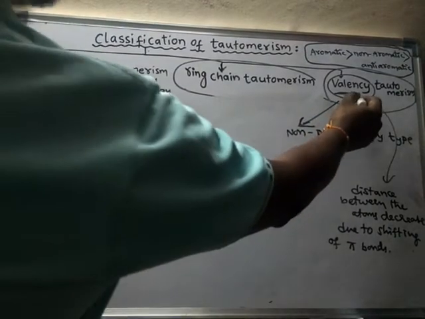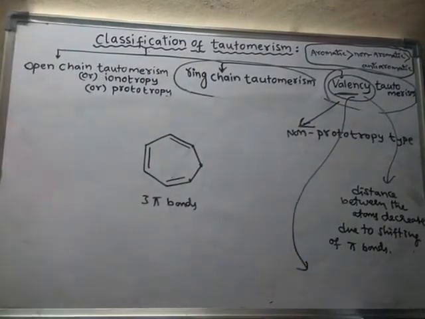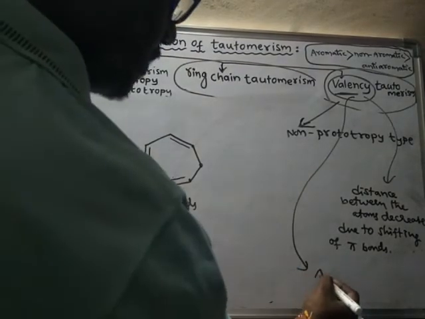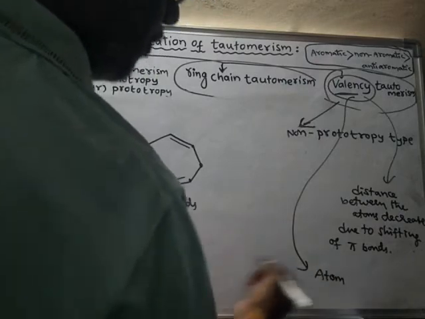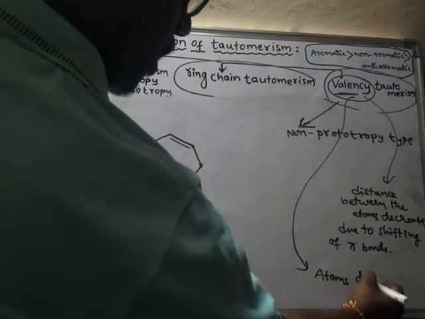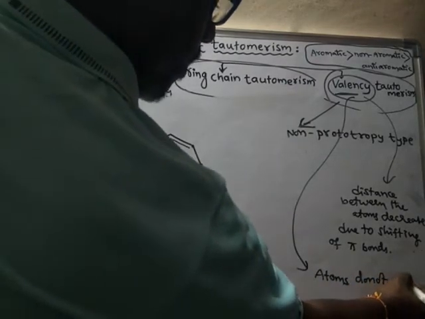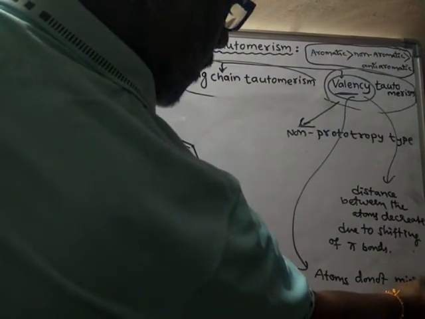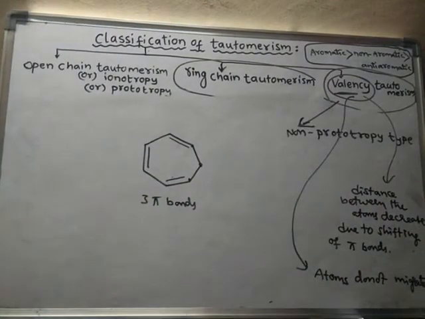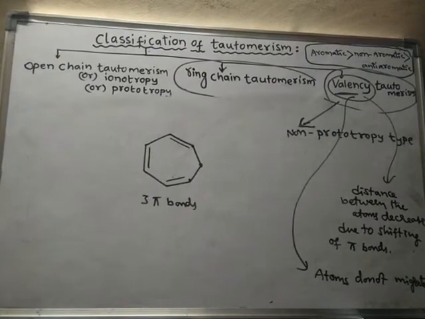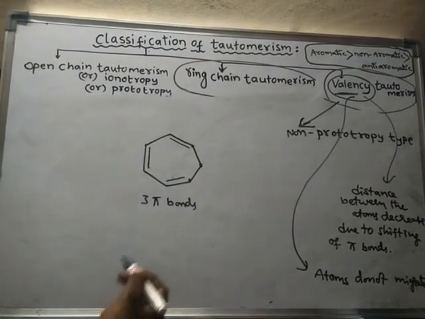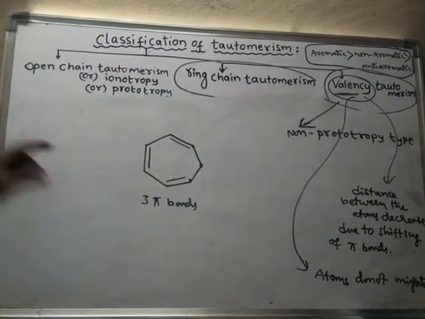In valency tautomerism, atoms do not migrate. In other types of tautomerism, a hydrogen atom will migrate, but in this type, atoms do not migrate. All the atoms remain in their positions.